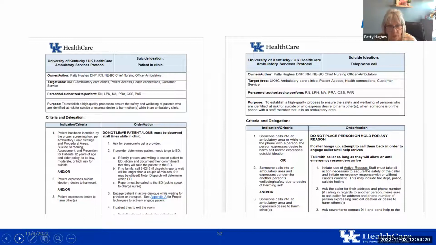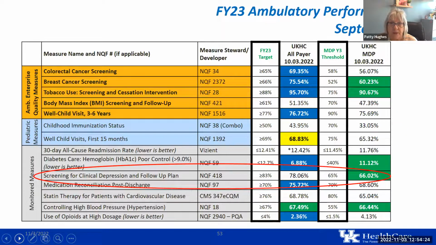One thing I did want to point out on the next slide is, we talked about this being a CMS and a Medicaid directed payment quality metric. And we look at this all the time. I look at my friend Trudy Matthews, and she knows this like the back of her hand.